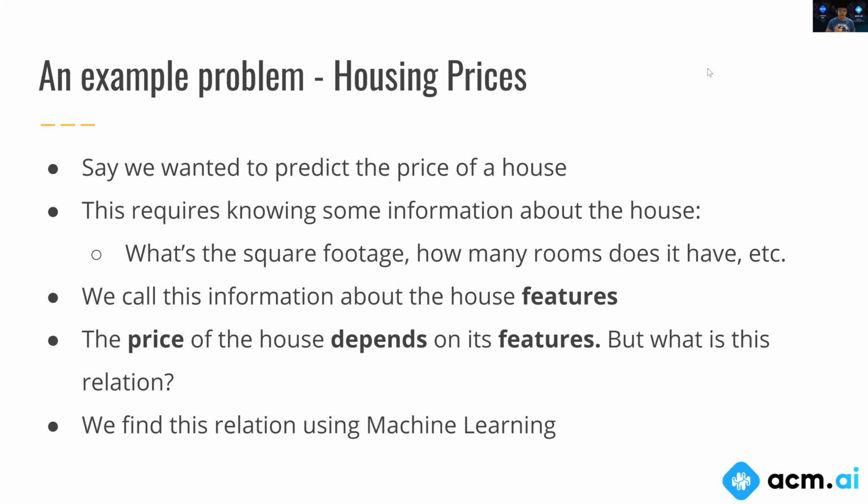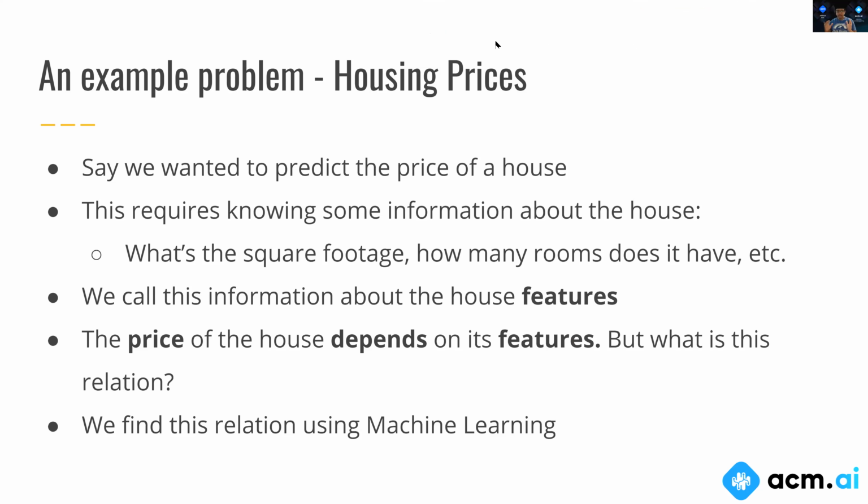And conveniently, in linear regression, we call this information features. These are essentially the inputs that we would give to our model in order to estimate the price of the house, which has these certain features.